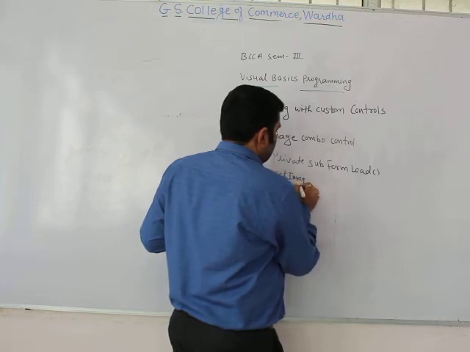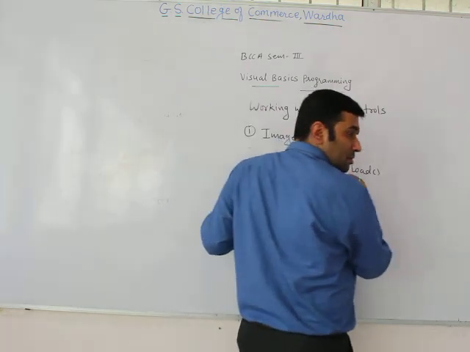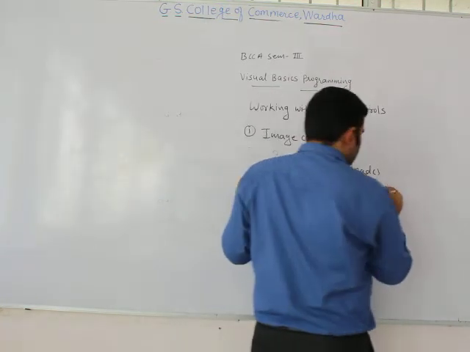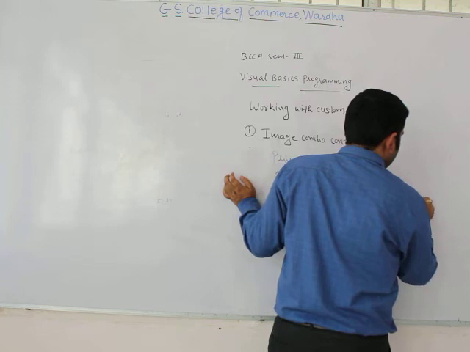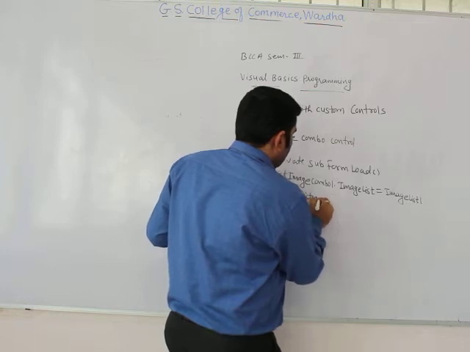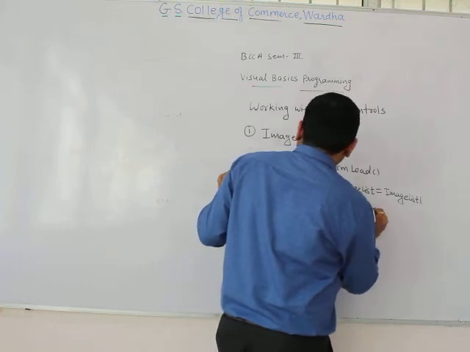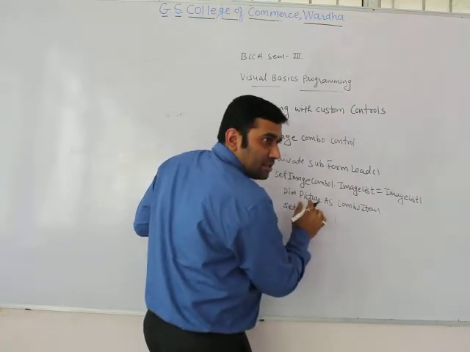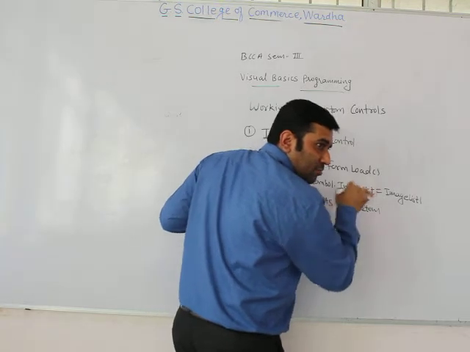Set ImageCombo1.ImageList = ImageList1, and set the picture as the combo item.